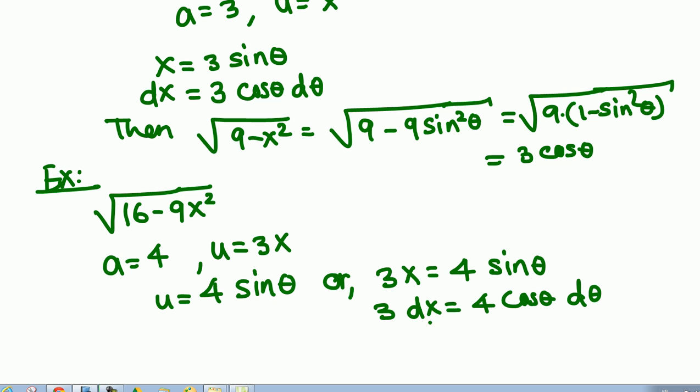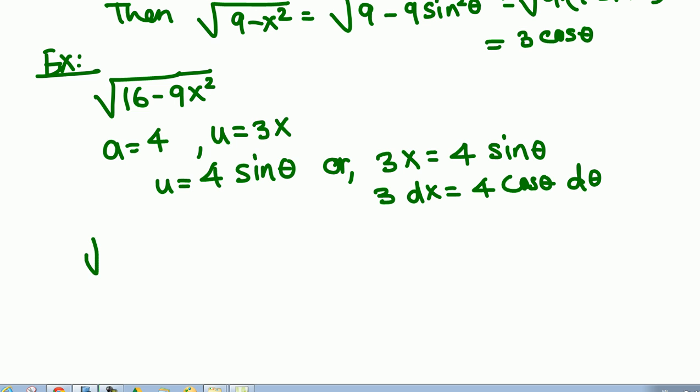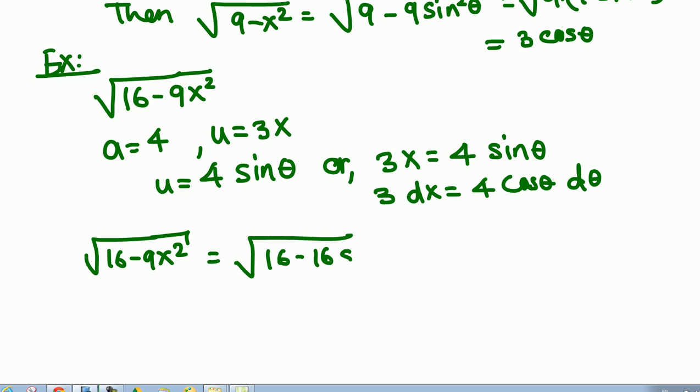You can find dx from here. And this root, 16 minus 9x squared, becomes 16 minus 3x quantity squared. By the way, 3x is 4 sine theta, so 3x quantity squared is 4 sine theta quantity squared, which is 16 sine squared theta.